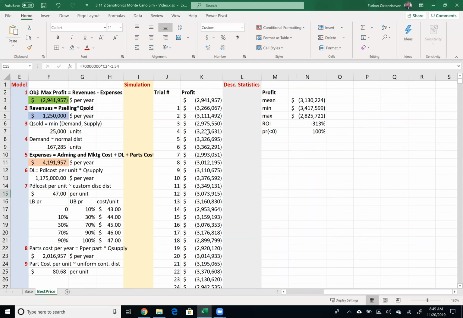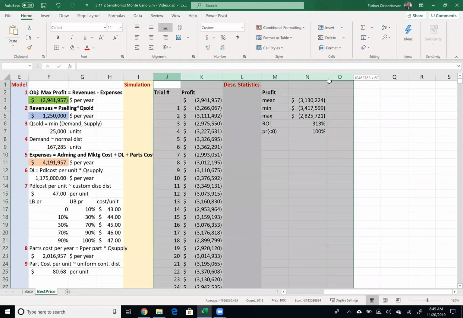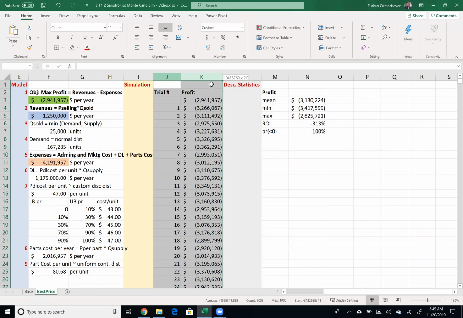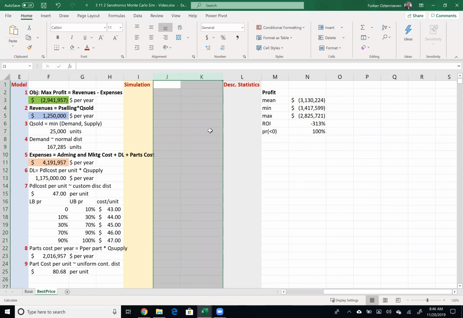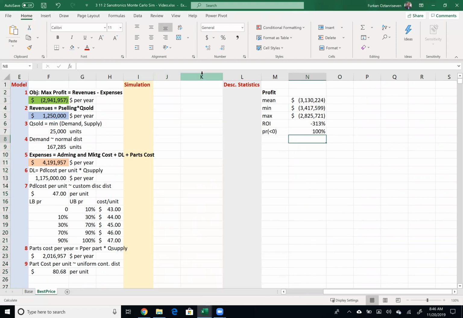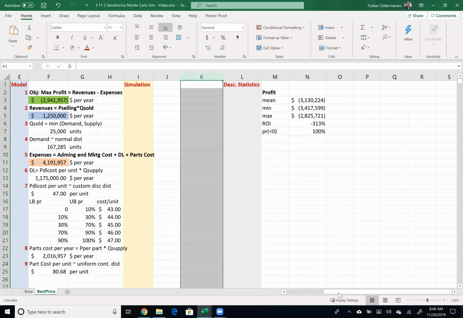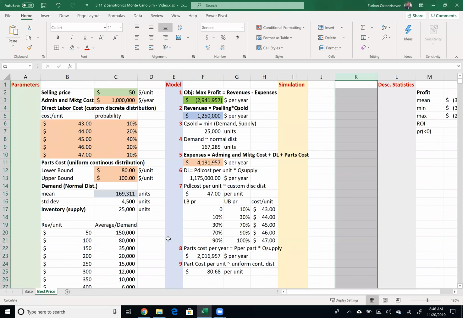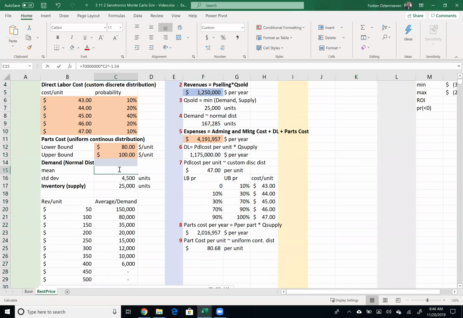So what I'm gonna do is I'm going to delete all these. Let me just delete these two, highlight, press delete. And what I'm gonna do is I would like to calculate for all the price options that are provided here. By the way, I need to make one more change here because I wanna make sure that the demand will be 0 after 400.